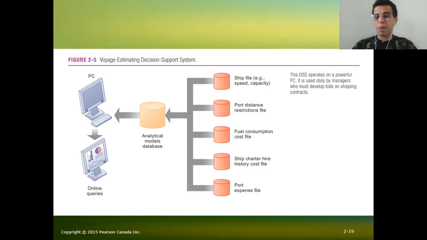But if you say I'm going to stay at that port for 5 days, it will calculate the port expenses for 4 or 5 days. All this information is fed to the analytical model database, goes to the PC, and comes back as an online inquiry.